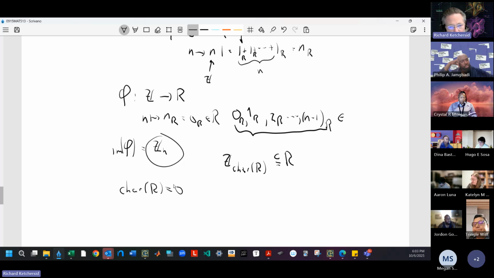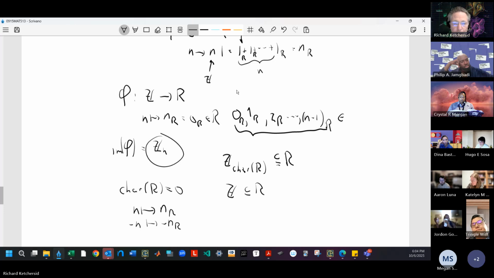In that case, we have a copy of Z sitting inside of R, right? Because for every one of these things, I just map into the sort of R version of n, right? And this was for positive n, but then the minus n would just get mapped to the minus R version of n, right? So we have a little copy of Z sitting inside of the ring, right?